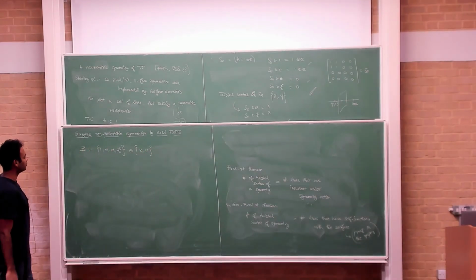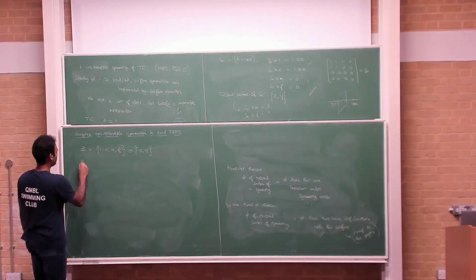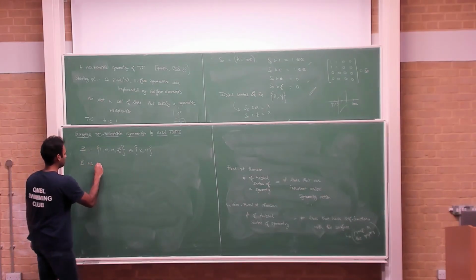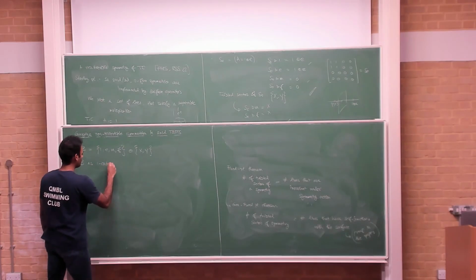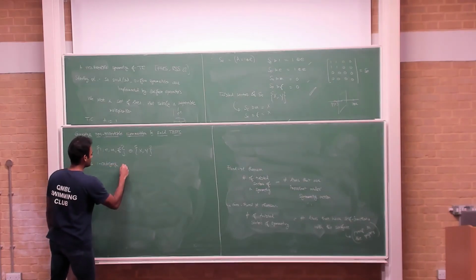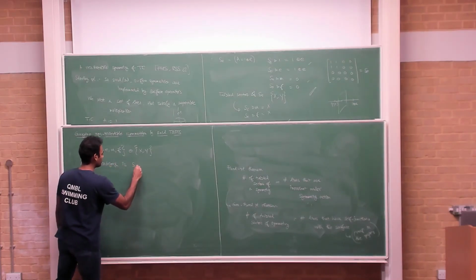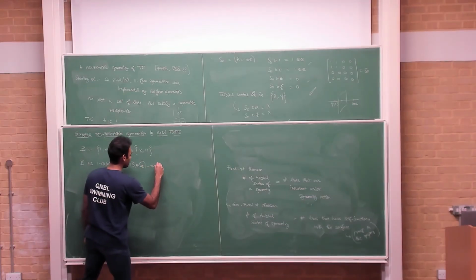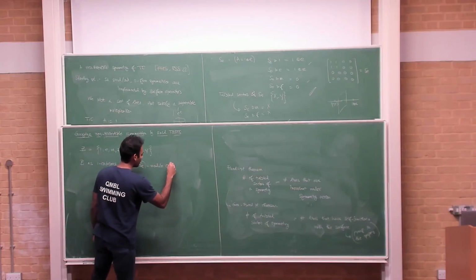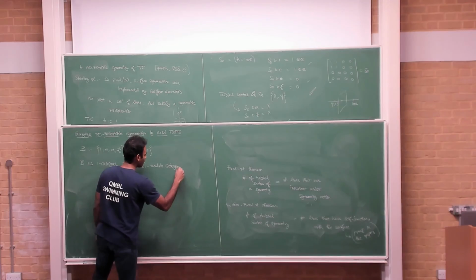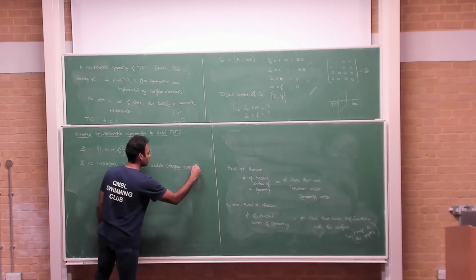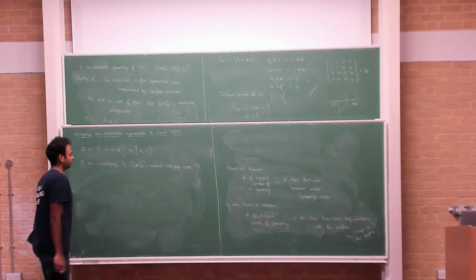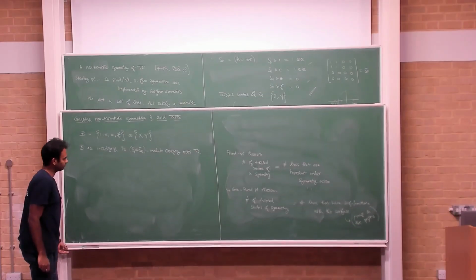For people in the know, this B as a one category is an S1 plus SE module category over the toric code.